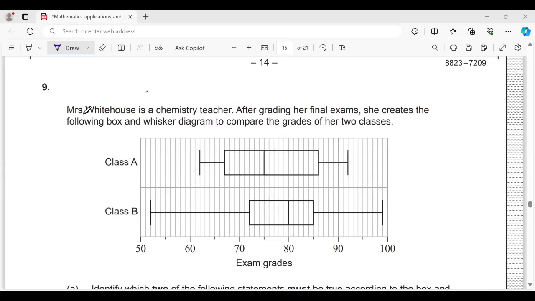Number 9. Mrs. Whitehouse is a chemistry teacher. After grading her final exams, she creates the following box and whisker diagram to compare the grades of her two classes.